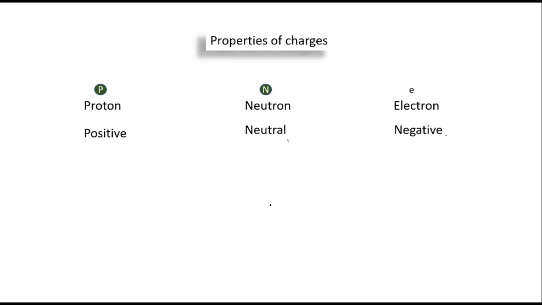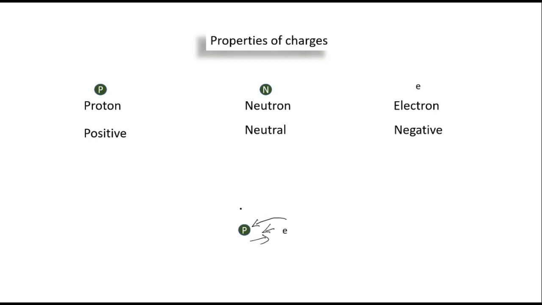Suppose you keep a proton and an electron, a positive and a negative charge, together and bring them close, what will happen? This electron will try to be as close to the proton as possible. They attract each other.